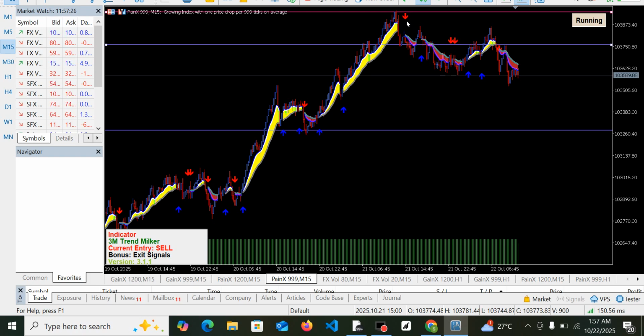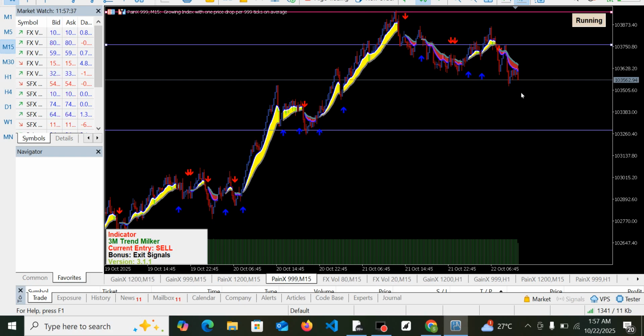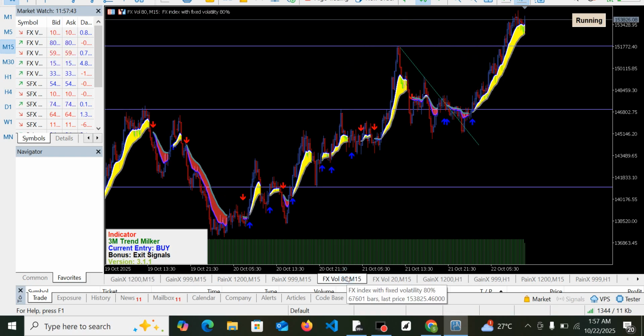So once you get your entry points, set your entry points, put your stop loss, and of course allow it to play. It might take some time, but so far you are going to have a positive result, then you are good with it. Okay, so that is how it works, guys.